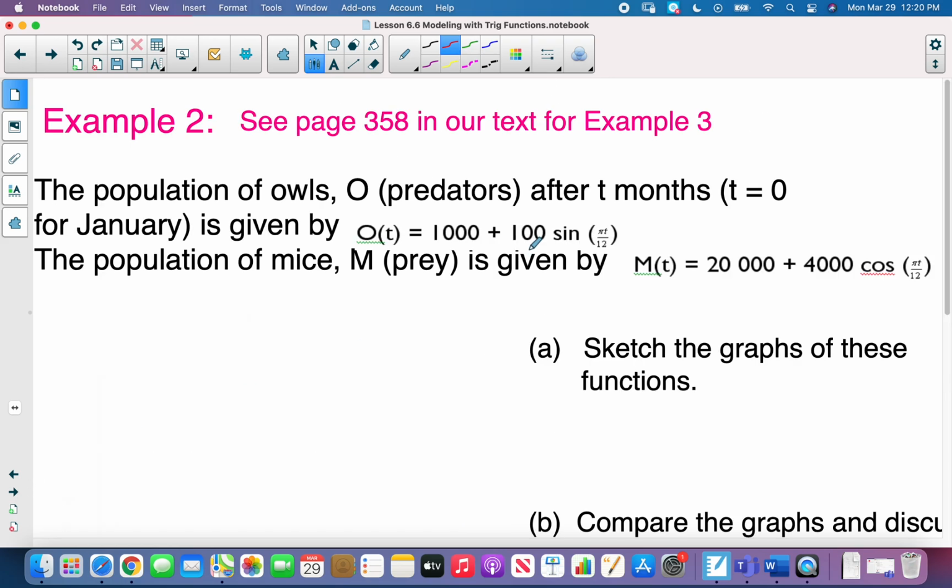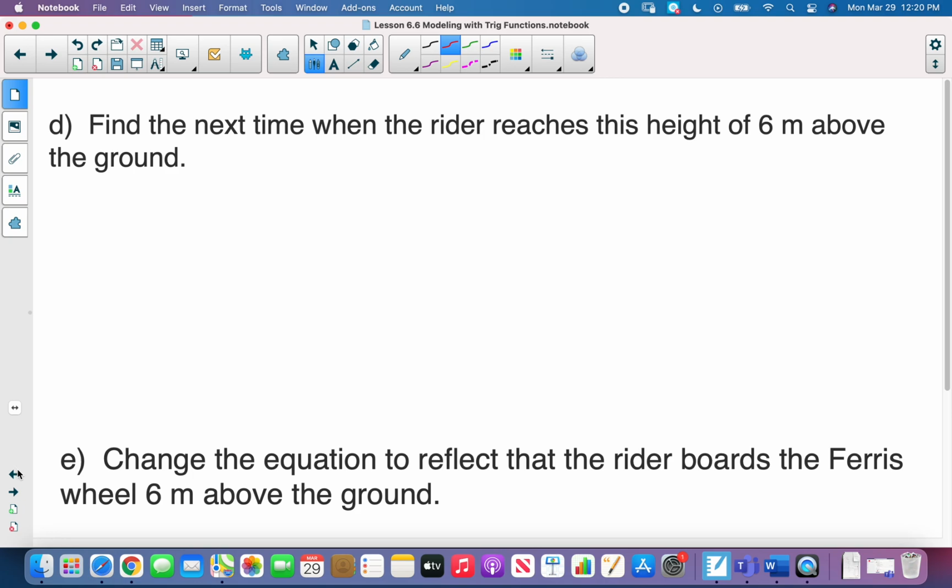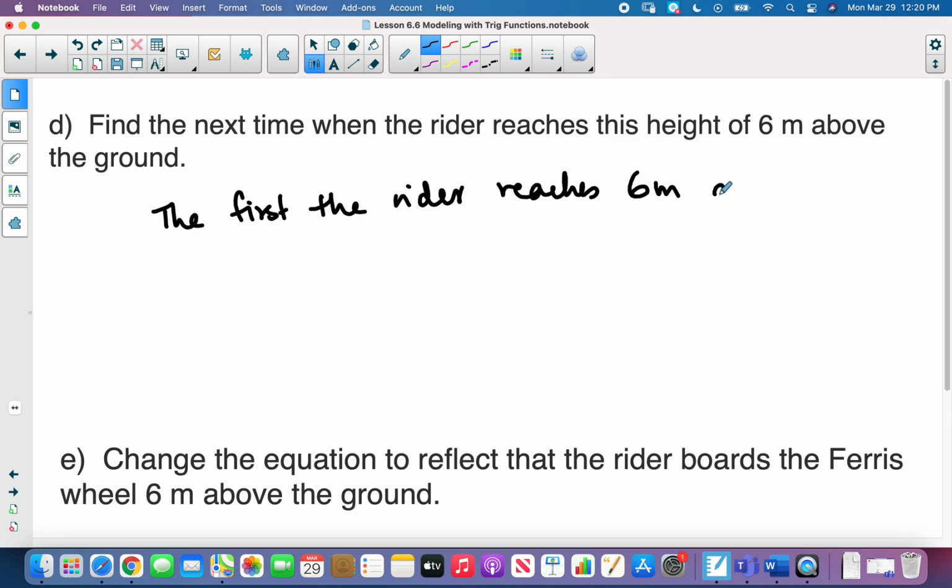So the next time it reaches that same height is at, so the first time the rider reaches 6 meters above ground is at 4.6 seconds.